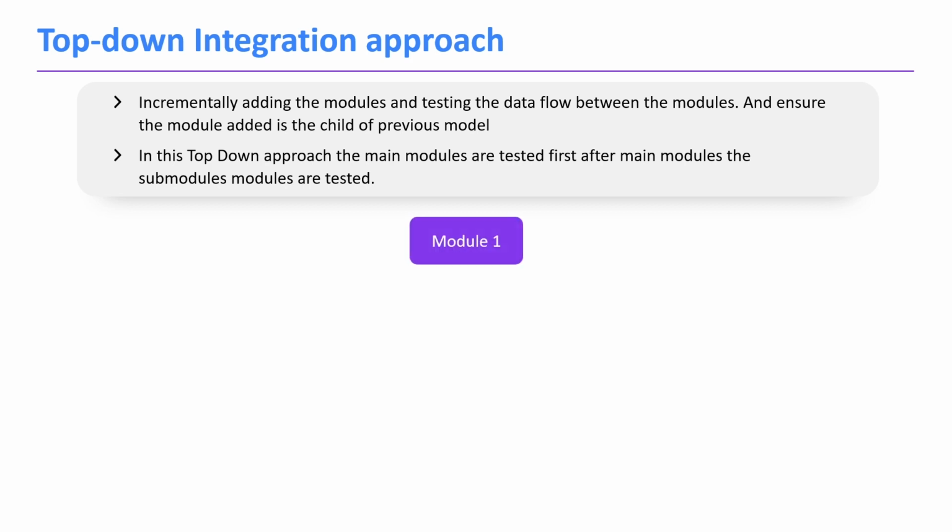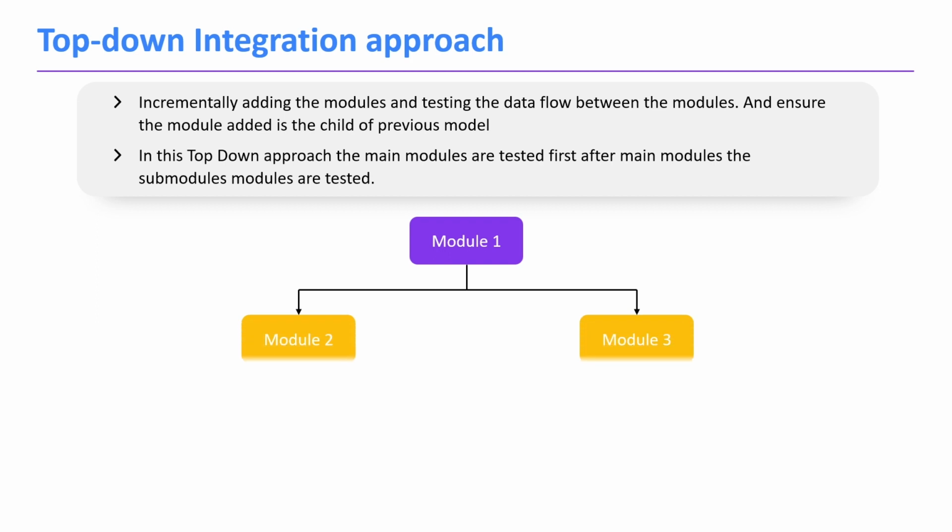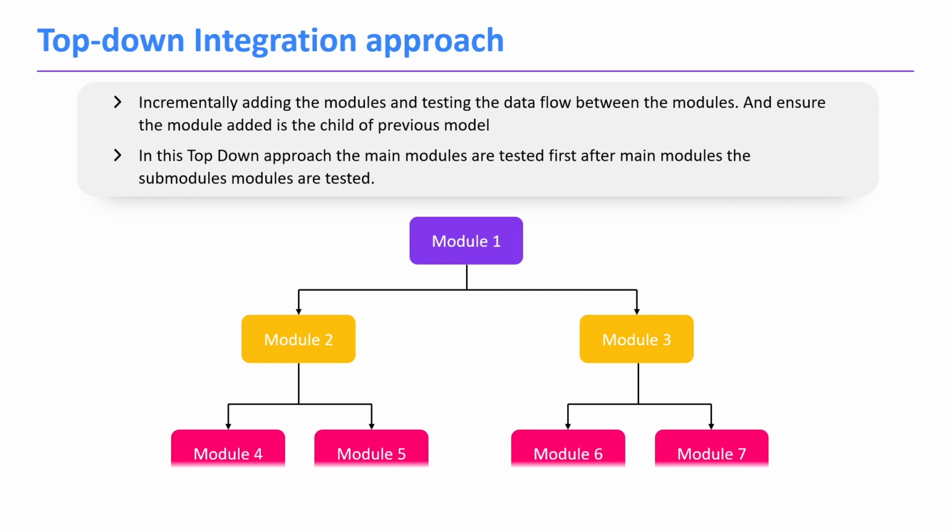As you can see on the screen, first module 1 is developed. Then module 2 and module 3 are developed, but these are children of module 1. These child modules are integrated with the parent module. Then testing is conducted to check the data flow between these modules. Then again we develop a few modules and integrate them with module 2 and module 3.